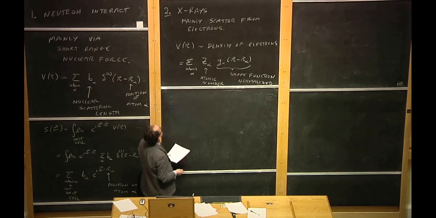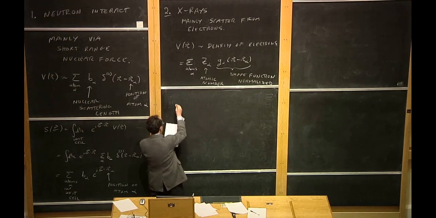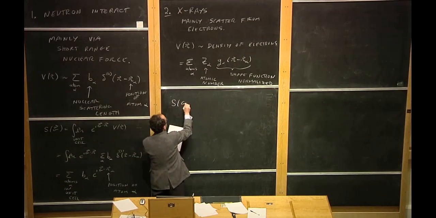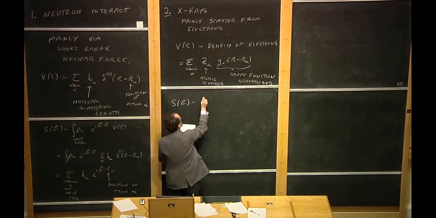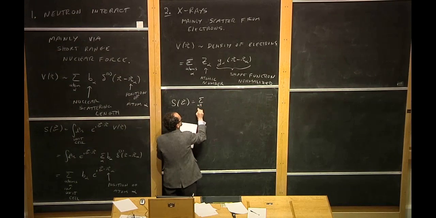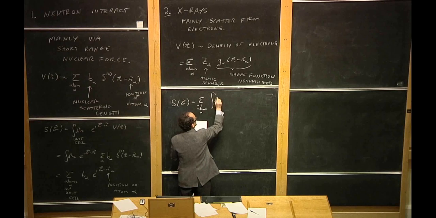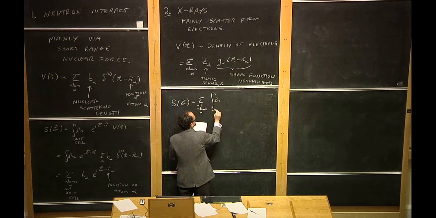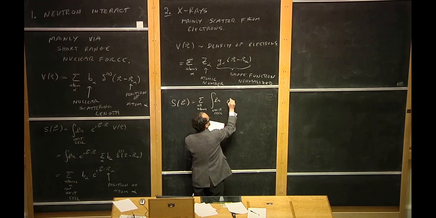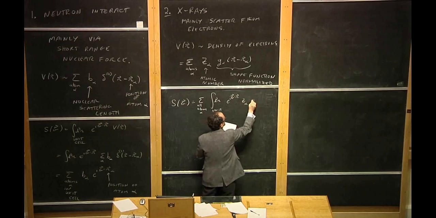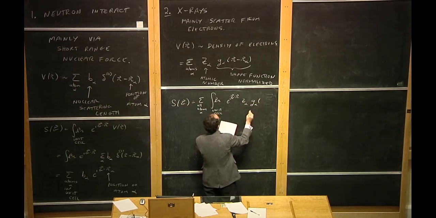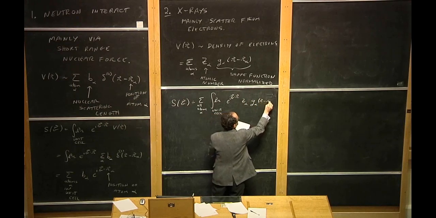So we can take this form of the density of electrons and, again, construct the structure factor, S of G, which is now the sum over all atoms alpha of the integral d3r over the unit cell of e to the i G dot r, times Z sub alpha, times g sub alpha of r minus r alpha.